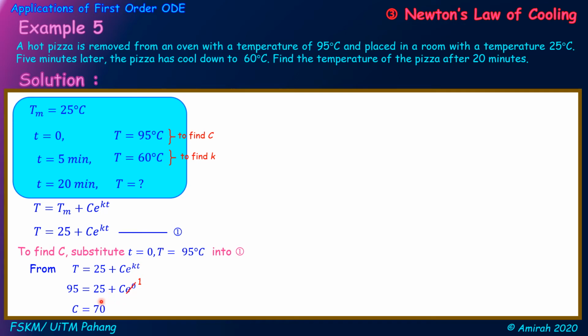Then we have c equals 95 minus 25, which equals 70, right? So after we get c equals 70, we substitute back into equation 1. So we get T equals 25 plus 70 e to the power of kt. We substitute 70 into here, alright? Then we can name it equation 2.